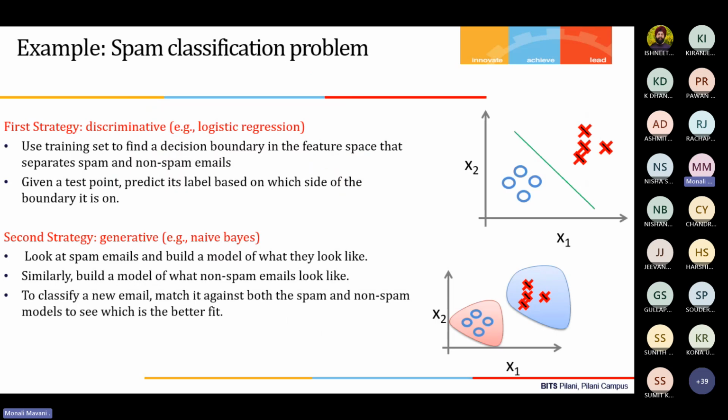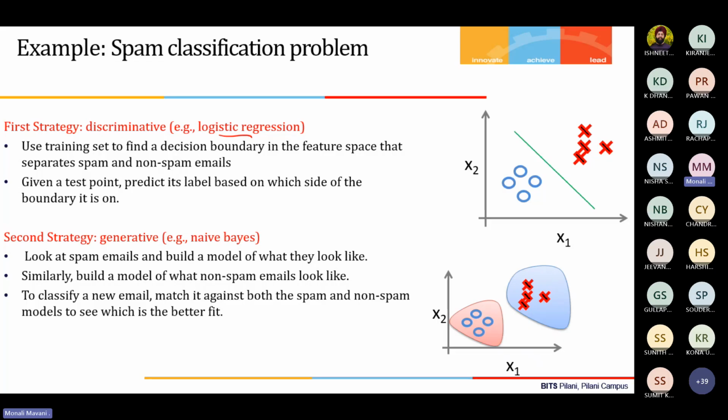So when I want to compare generative and discriminative, with a generative classifier we can actually generate data points. Say we have this spam classification problem, spam email and non-spam email. A discriminative classifier uses a training data set. What will be in the training data set? There will be spam emails and non-spam emails, which form a labeled data set.